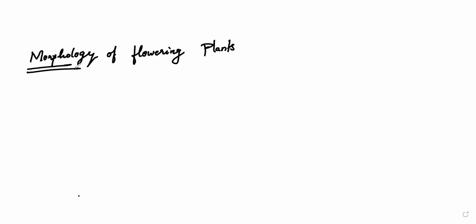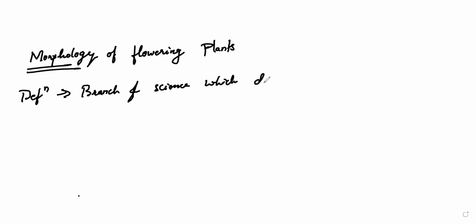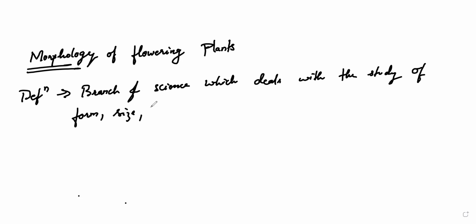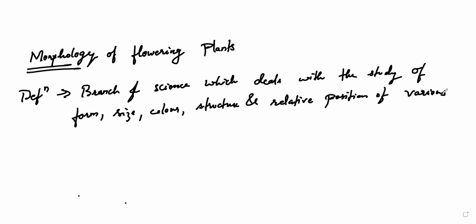Okay, so a morphology definition, if we see, it is nothing but a branch of science which deals with the study of form, size, color, structure, and relative position of various parts of organism.